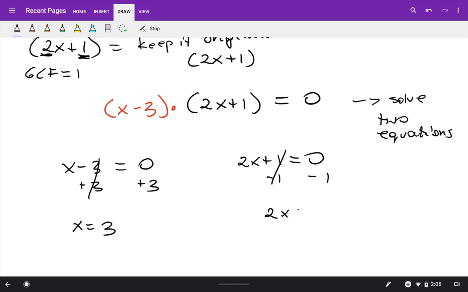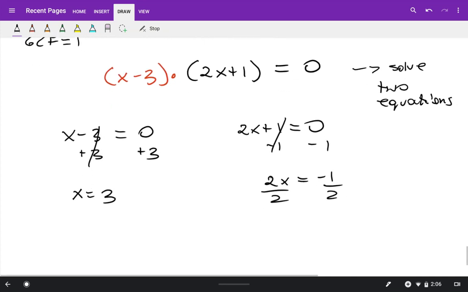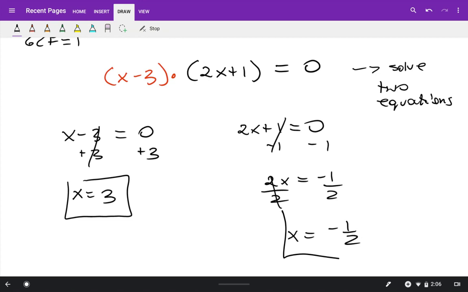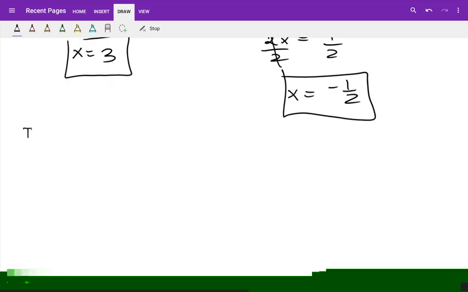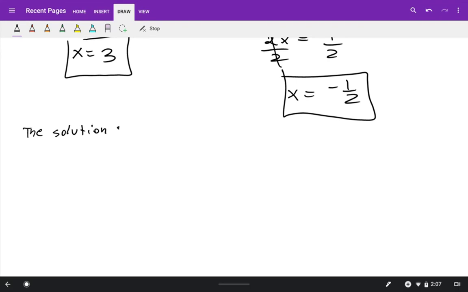So we have 2x equal negative 1, and we divide each by 2. So we end up with x equal negative 1/2. So we have two solutions: negative 1/2 and 3.